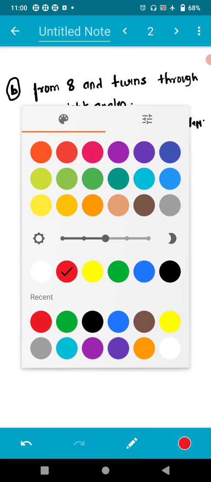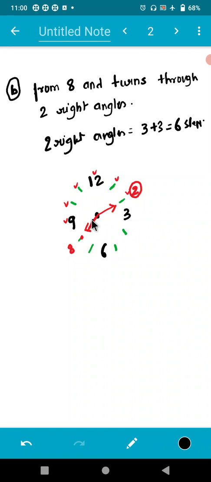Okay, so we need to show the direction in which the hour hand moved. That means this direction. Okay, so this is how you will do the drawing part. Now let us write the language part. Even the language part is also very important.